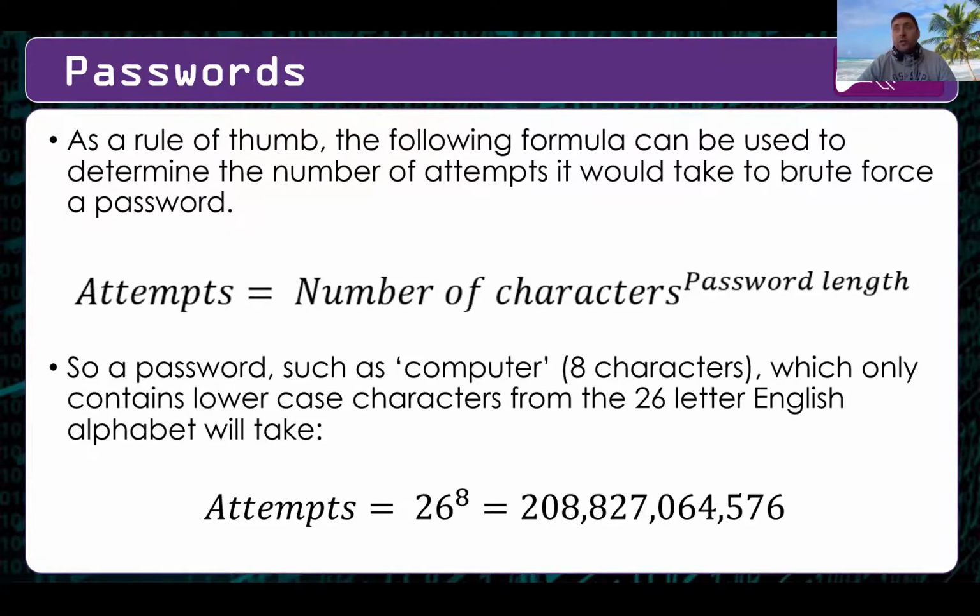We also know this password only uses lowercase characters. Therefore, there are 26 possible characters because there's 26 letters in the alphabet. So it's 26 to the power of 8. You can see that large number there that will tell you how many guesses it would take. But if a computer was whizzing through those thousands of times a second, millions of times a second, that wouldn't take that long to guess.